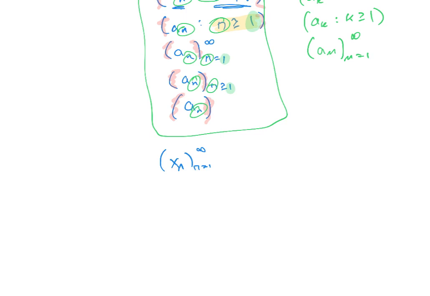The other way to write about a sequence, if you want to talk about the entire sequence, is you could just put them in a list.